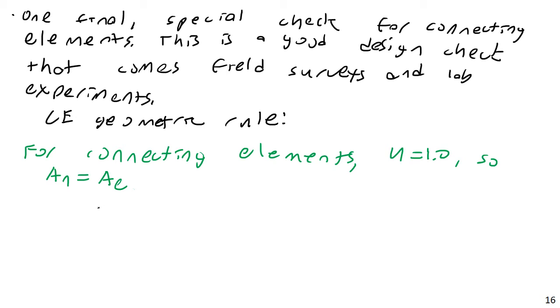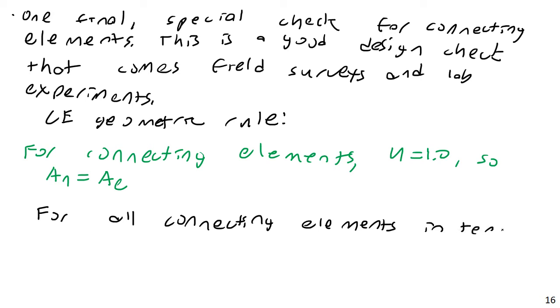For all connecting elements in tension, this doesn't apply to tension members or any other elements, we want to have a geometric check of area net less than or equal to 0.85 times the gross area.